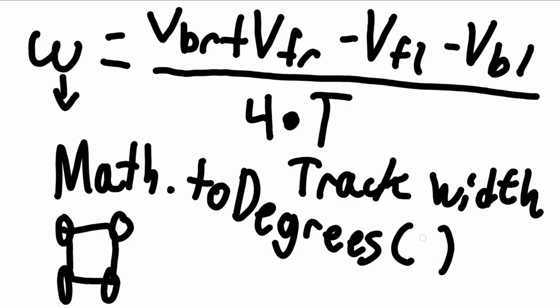And you're going to put in your omega right here. So that's going to convert this from radians per second to degrees per second. And then finally, we're going to print out the result onto the screen.